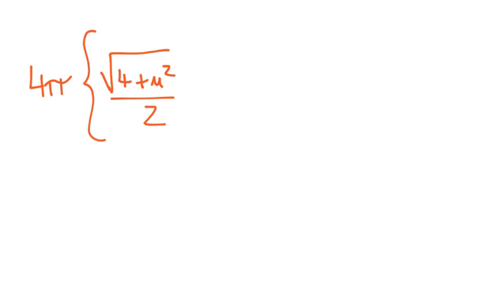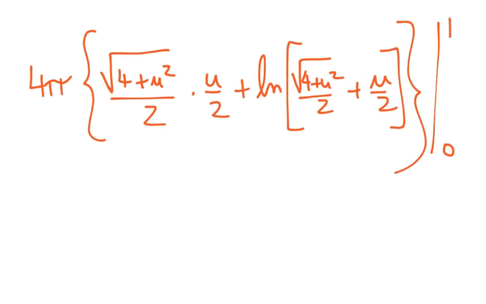That's the secant. Times u over 2, the tangent. So secant times tangent plus log of secant plus tangent. And we'll do this from 0 to 1.